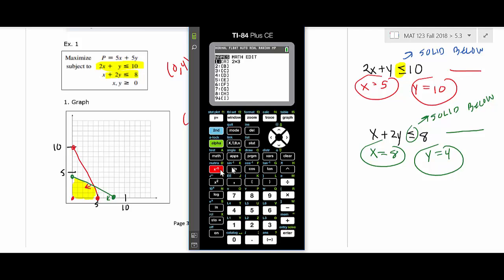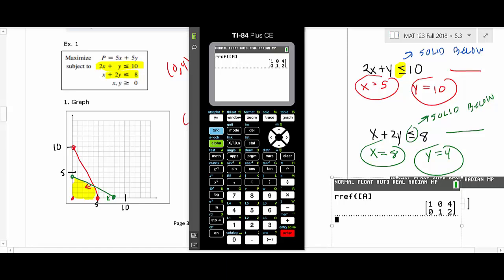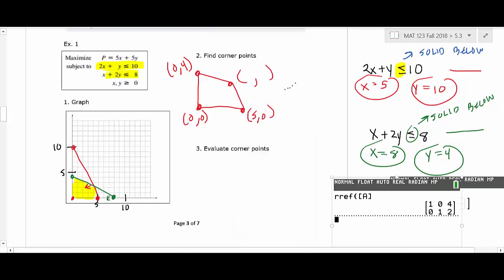So I go matrix, math, reduced row echelon form, then go back to matrix A or wherever you put it. You guys are faster at this than I am. 4, 2, is that good? So that matrix ended up giving us the reduced row echelon form, basically 4, 2. So that gives that corner point of 4, 2. Is everybody with me?